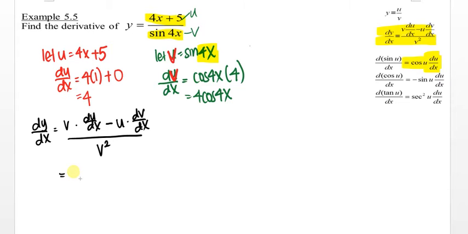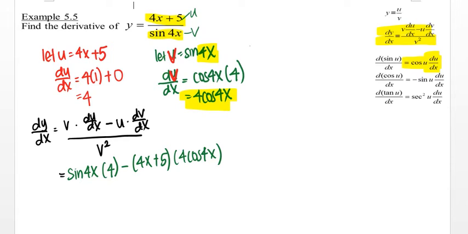So we have sine 4x times du over dx, which is just 4, minus u, which is 4x + 5, times dv over dx, which is 4 cosine 4x, which we found earlier.